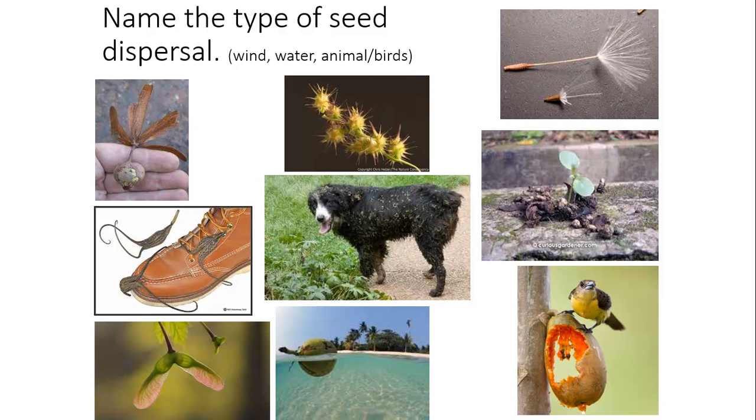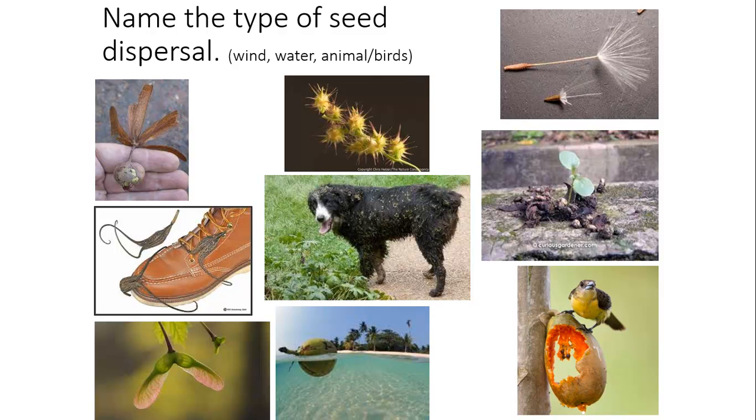And name the type of seed dispersal. So the picture in the top, if this was a clock, about 10 o'clock, you'll see there's a seed that the man is holding in his hand, and that would be wind. The one at 12 o'clock is a clinging seed, and it will grab onto the fur or hair of an animal.